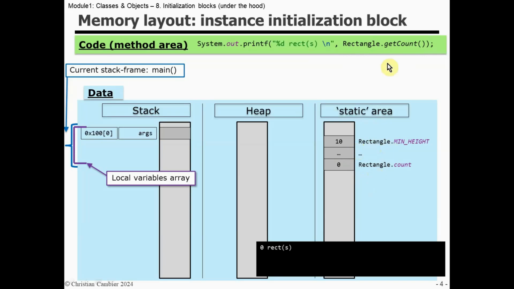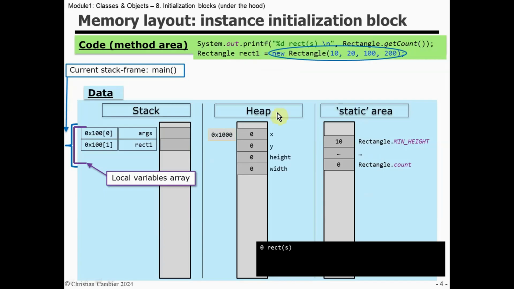Now what happens when we create an object? So a slight difference compared to version 7. What is similar is the allocation of the local variable on the stack, the creation of the object on the heap due to the new keyword, but then, and here's the difference, as I explained in the introduction in the hands-on video, before executing the setters of the constructor, the runtime invokes the instance initialization block, thereby incrementing the count in the process.